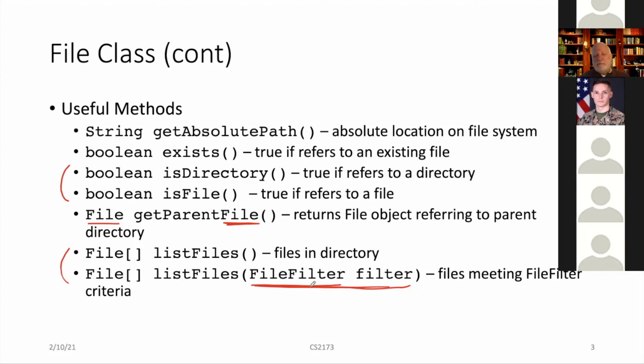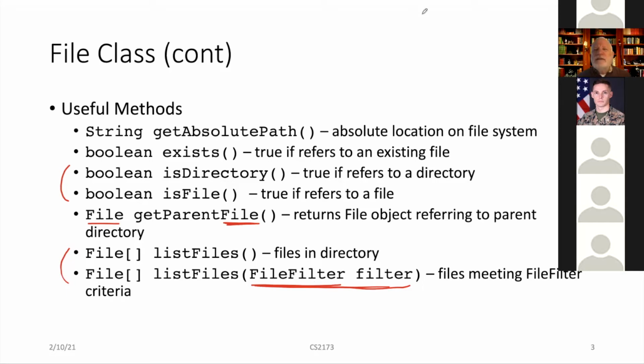Or let's say I'm only looking for comma separated values, and I want to ignore all the other ones. So I can get a list of all the files that have a particular extension. That's the most common way of using these filters.